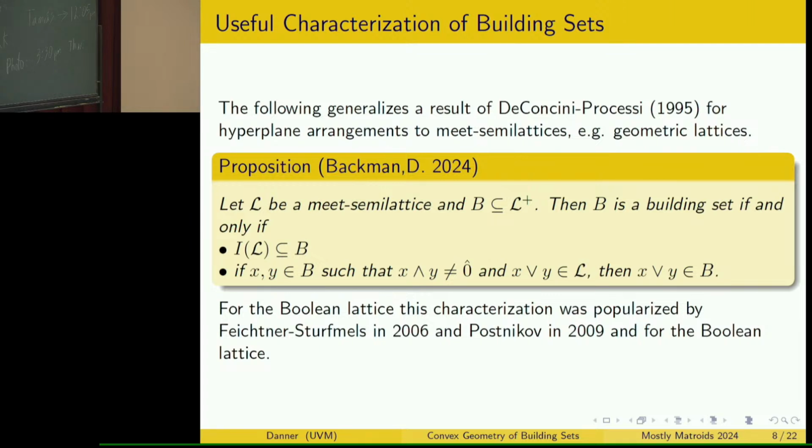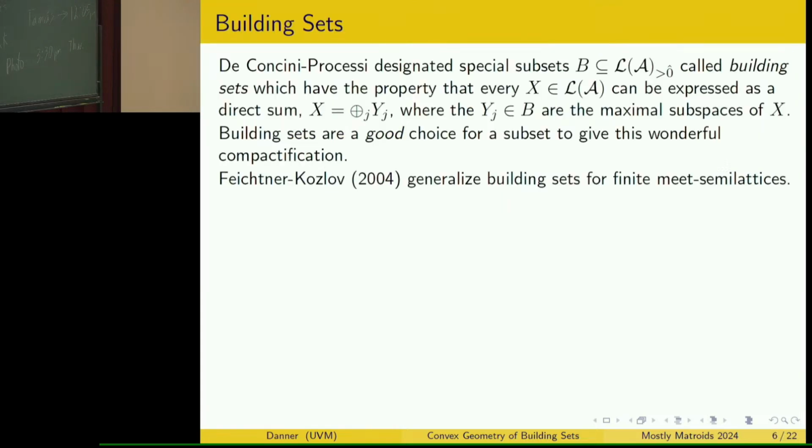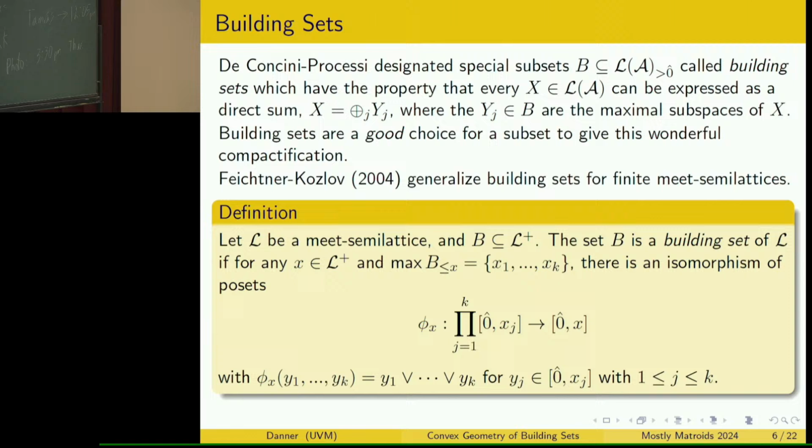I think the best answer is to look at this, and then look at that. Yes, there's a paper, Incidence Combinatorics, by, I believe, Feichtner and Kozlov.